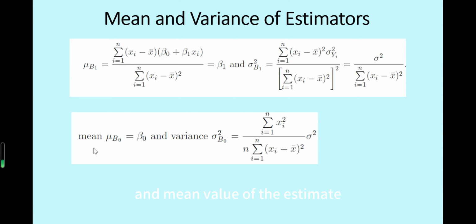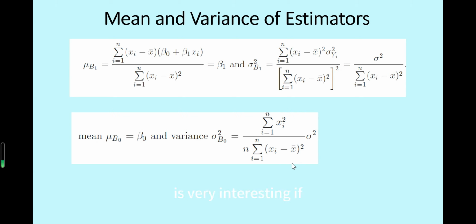And the mean of the estimator b0 equals the real value of beta 0. The variance of b0 equals the error term's variance sigma square times the sum of squares of xi, divided by n times the sum of squares of xi with respect to the x mean value.